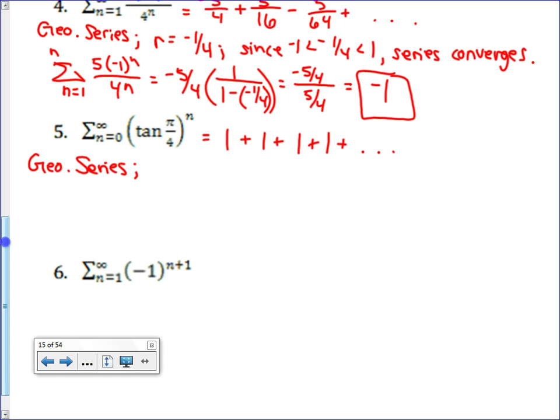Why is it geometric? What could I say r equals? Does that mean it doesn't converge then?